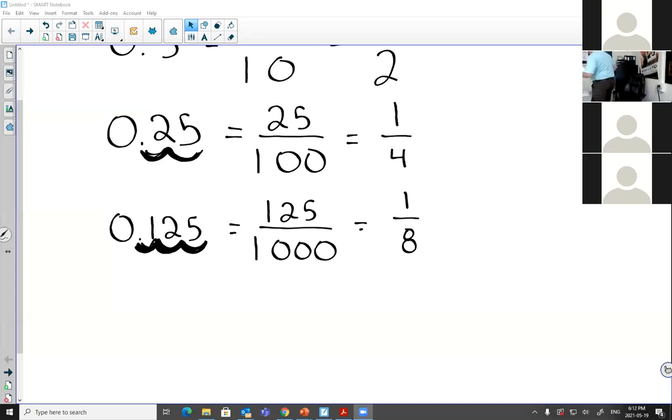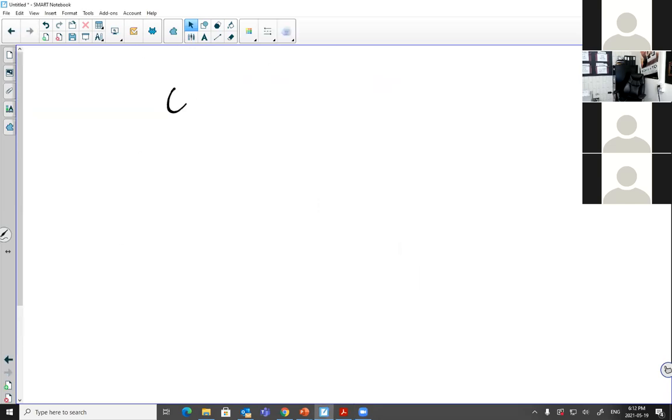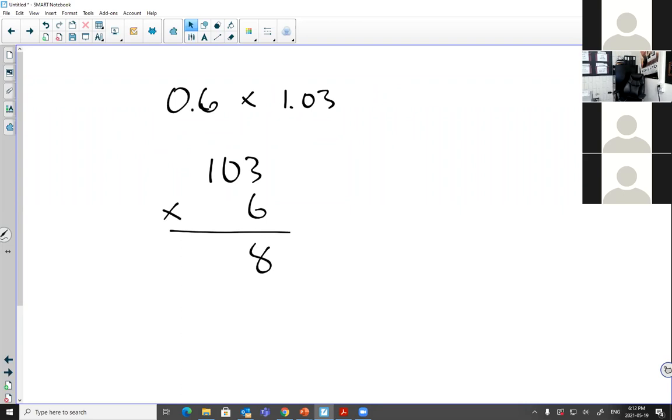Right. So for instance, what she was talking about there is if you had 0.6 times 1.03, right? You would do it like this: 103 and 6, right? And then you do your multiplication, so your 8, your 1, and your 6. Then you go up here, like you said, and you count.